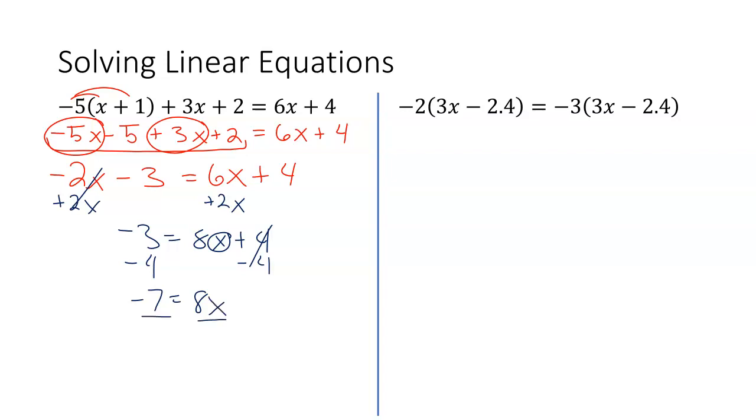Divide. As long as your fraction, if you divide it, is a terminating decimal, then decimals are fine. But if you don't need to, I don't see the point in turning that into a decimal because you can use fractions. Okay? Negative 7 over 8.